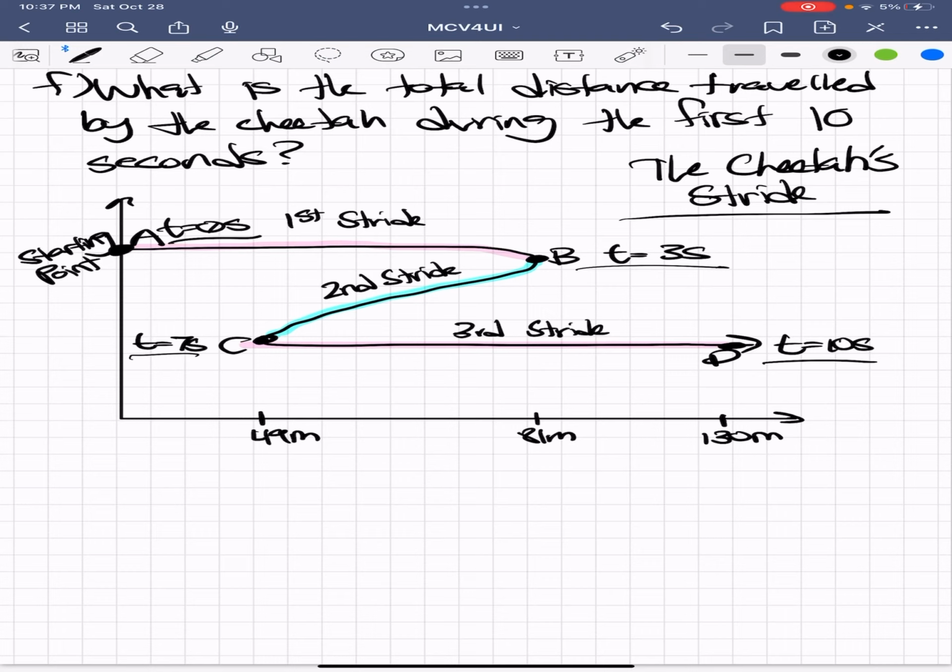So the total distance, we need to calculate the first stride, and the second stride, and the third stride.